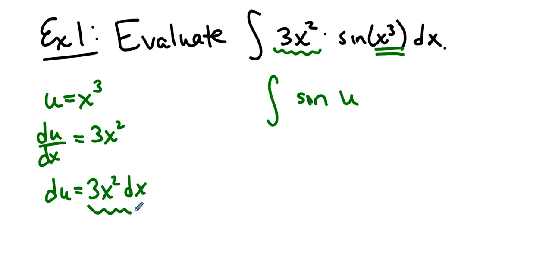And then the 3x squared dx is just du. And you'll remember that this variable is a dummy variable, which means that it could be sine x dx, sine u du, sine t dt. It doesn't matter. We do those integrals in the same way. We think about the thing whose derivative is sine u, and then add a constant.